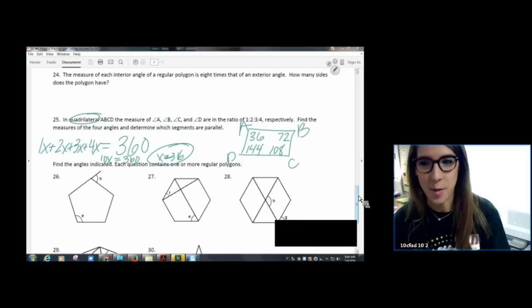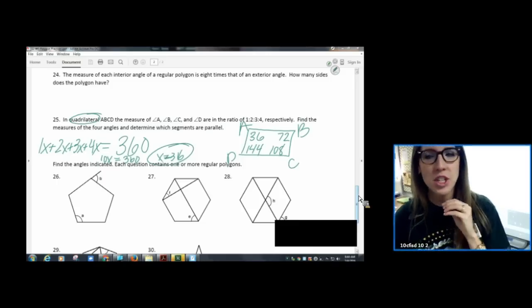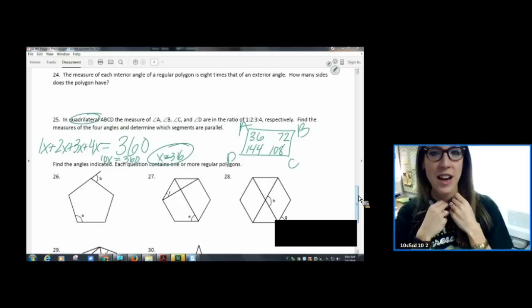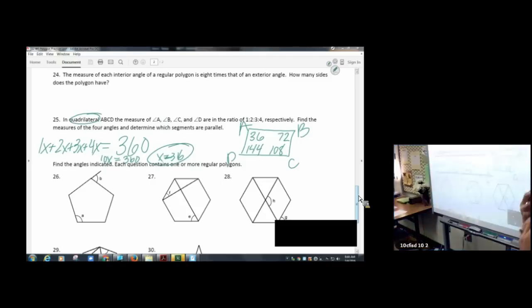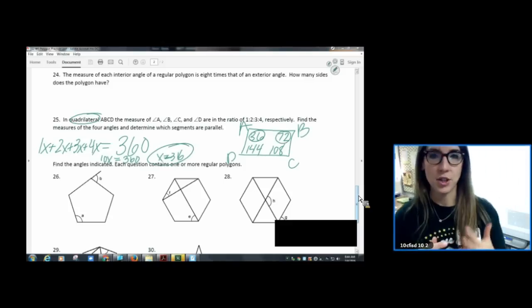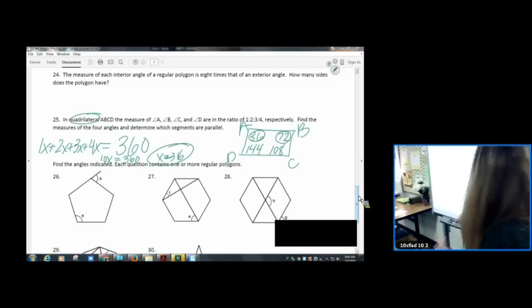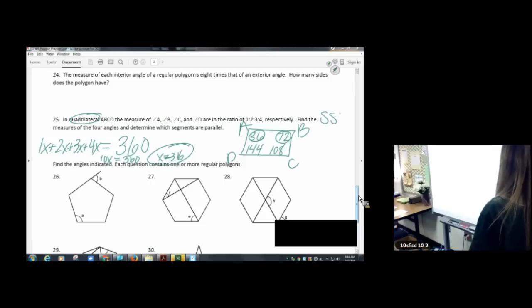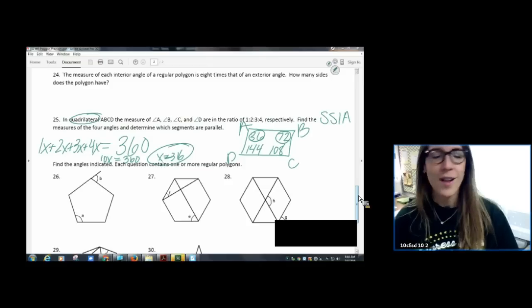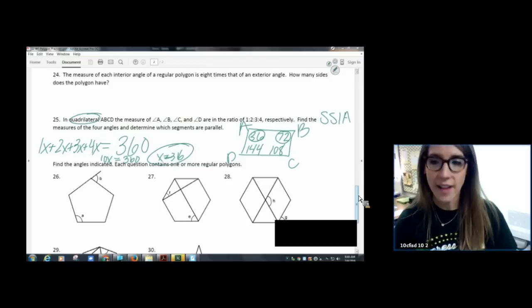Now, my favorite part of the problem, determine which segments are parallel. Well, now we have to use stuff from last unit and really stuff from the last semester. Are 36 and 72 supplementary? Because if same side interior angles are supplementary, then we have parallel lines. But if they're not supplementary, then we don't. 36 and 72 are not supplementary.